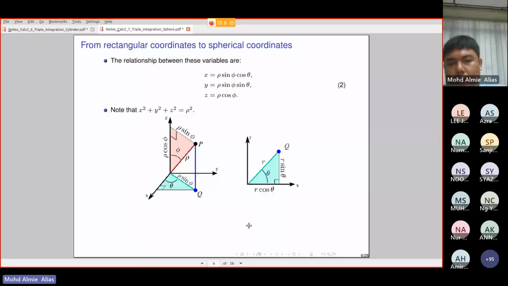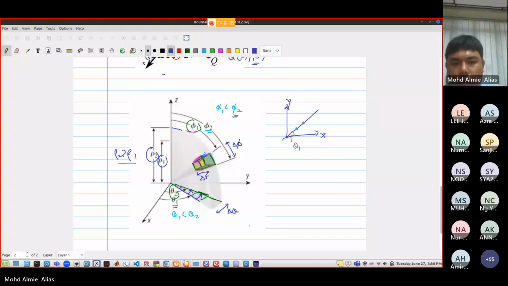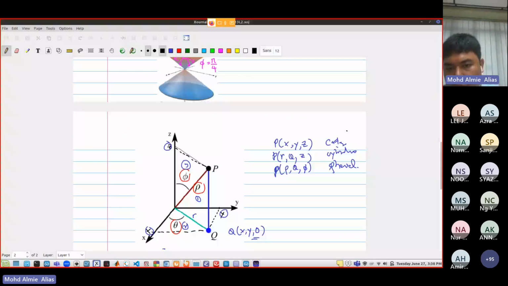Let's say you are given a certain point P with x, y, z coordinates. You can convert this x, y, z coordinate to the spherical coordinate, which is rho, theta, and phi.